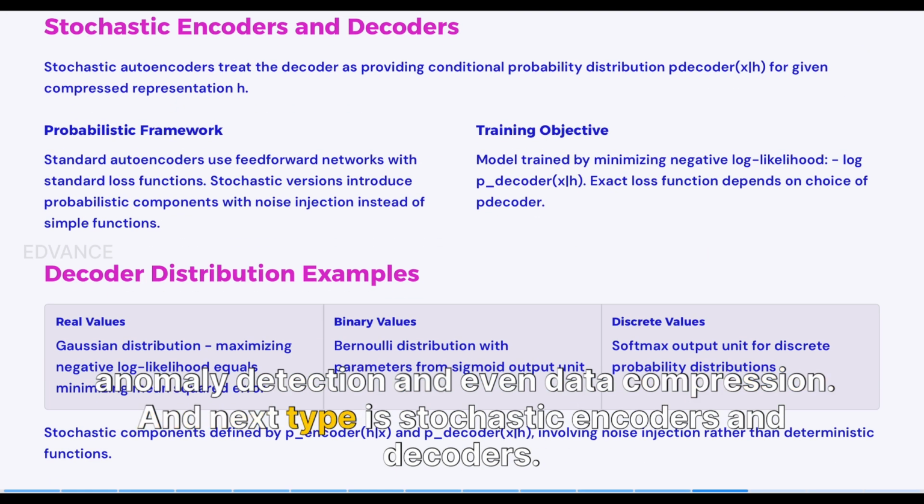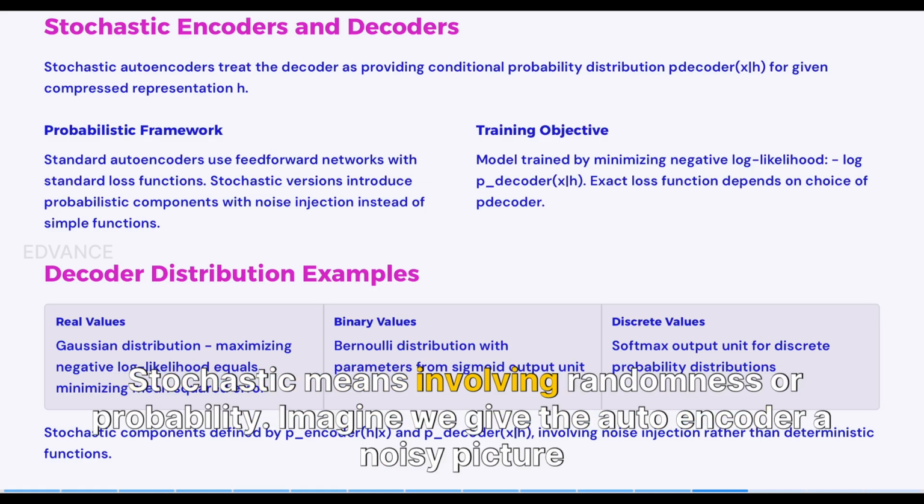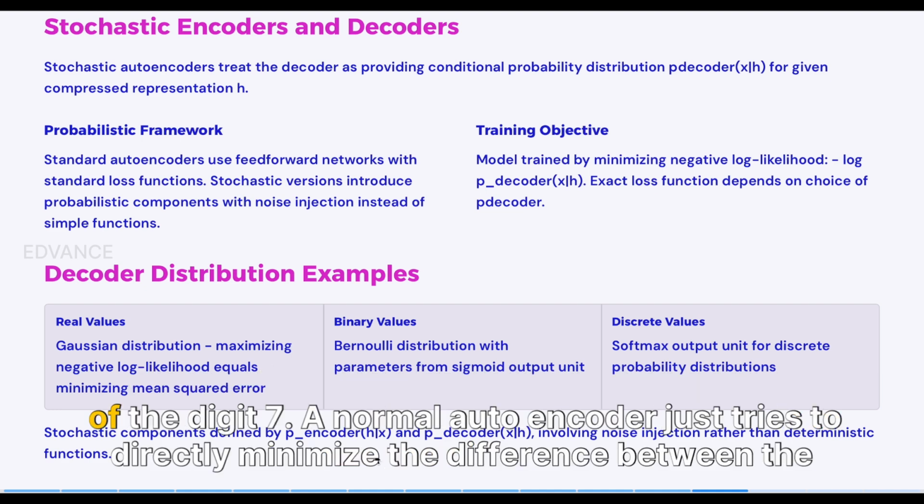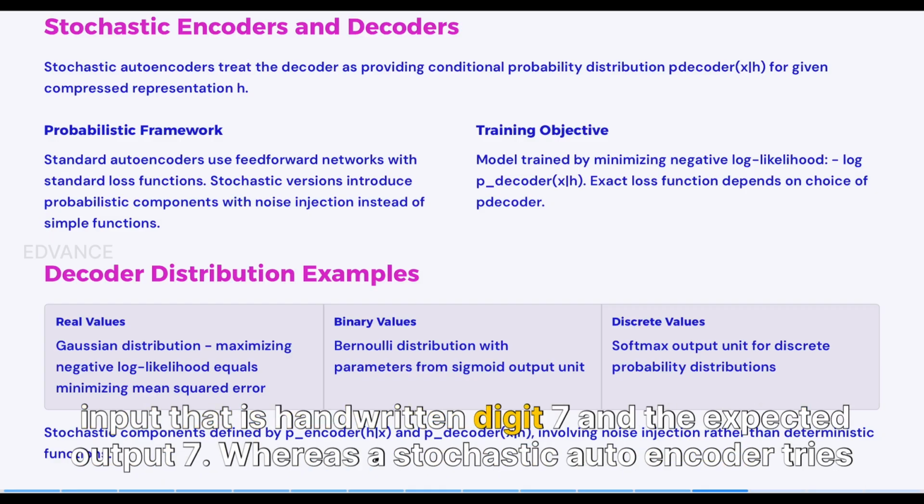And next type is stochastic encoders and decoders. Stochastic means involving randomness or probability. Imagine we give the autoencoder a noisy picture of the digit 7. A normal autoencoder just tries to directly minimize the difference between the input, that is the handwritten digit 7, and the expected output 7.